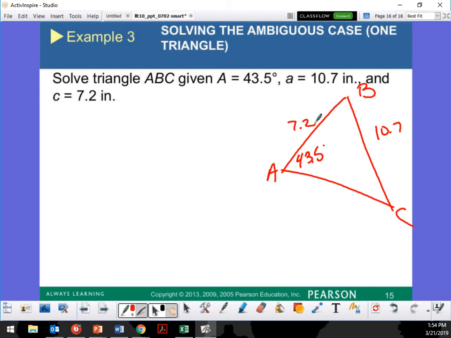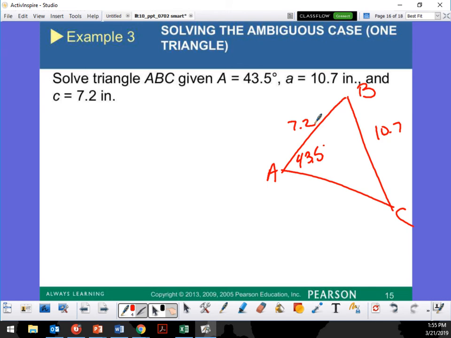All right, so what do we got here? Angle side side. Every time you see angle side side, you should think ambiguous, right? Ambiguous, so I know that you're going to have 0, 1, or 2 triangles.